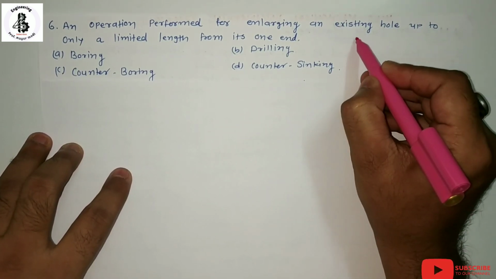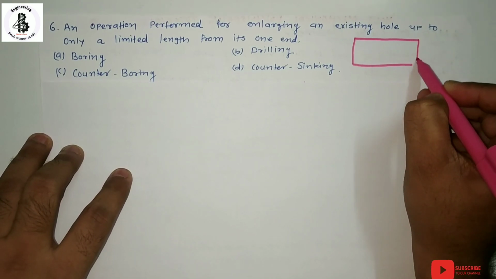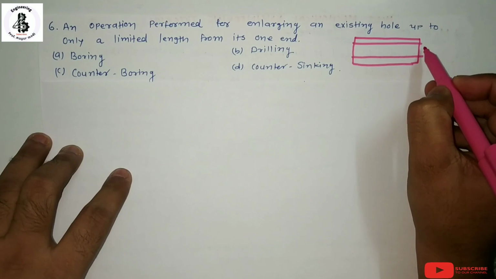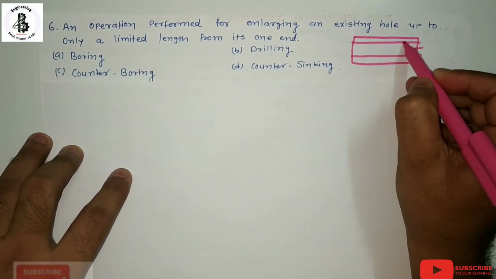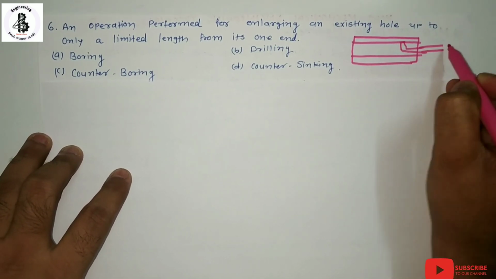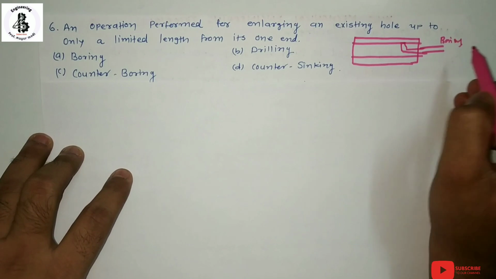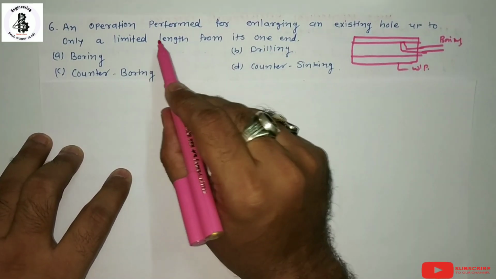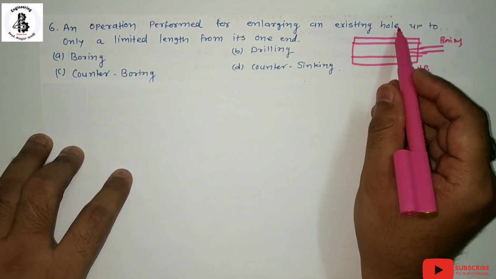So just you can see, this is our component. Such a job involves enlarging the diameter. This is our boring tool. This is our workpiece. So the operation performed for enlarging an existing hole is boring.